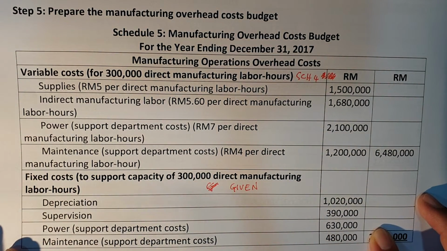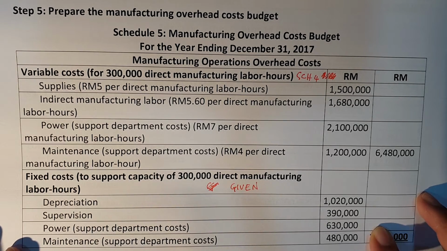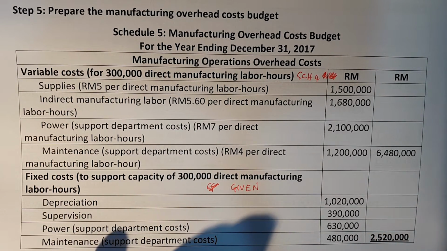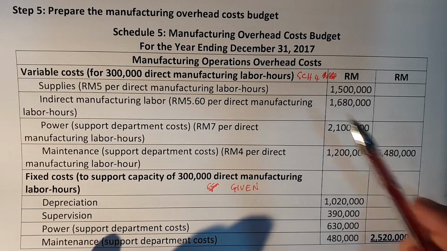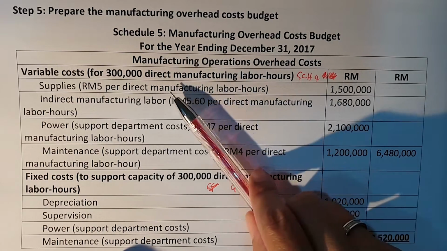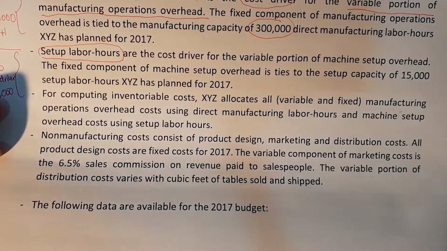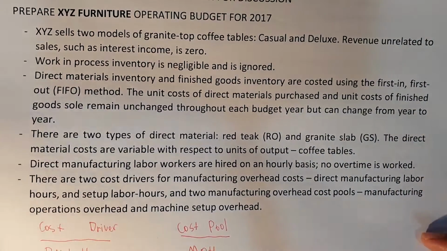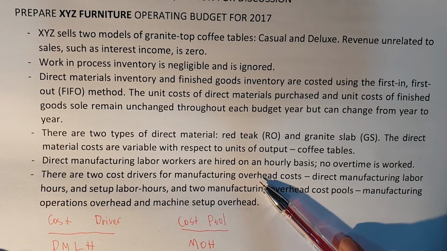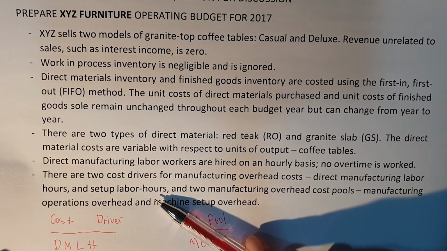Here we are going to look at step 5, where we are going to prepare schedule 5, that is manufacturing overhead cost budget for the year ending December 31st 2017. In regard to this, as mentioned in the questions, there are 2 cost drivers for manufacturing overhead, that is basically direct manufacturing labor hours and setup labor hours.